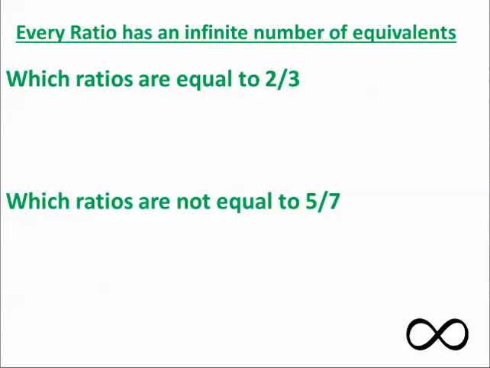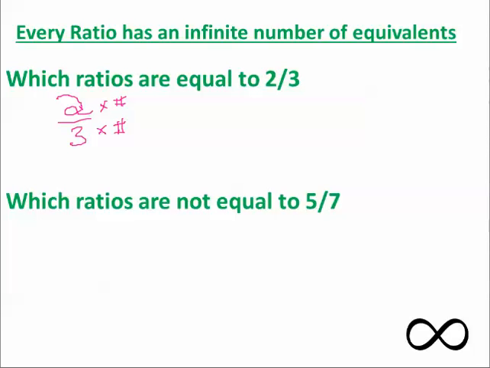Every ratio has an equivalent fraction, and I think you have done a lot of work on finding equivalent fractions in your past, most likely. If I have the ratio 2/3 and I want to find equivalent ratios, then I need to multiply the top and the bottom by the same number.